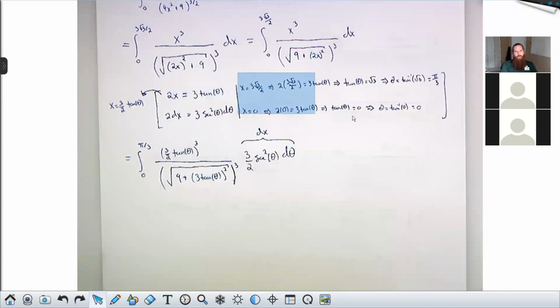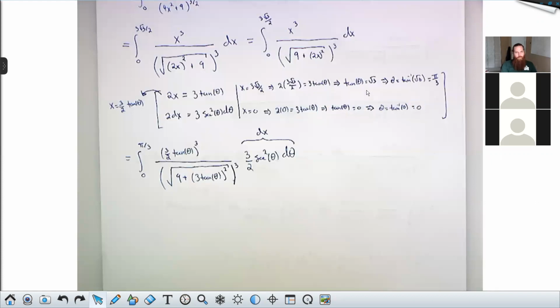And the bounds changing work here was somewhat complicated. But the rules are the same. You take your substitution and you plug in the old lower bound. So when I plug in 0 for x there, I get 2 times 0 equals 3 tan theta, which means 0 equals 3 tan theta, which means tan theta equals 0. And then I take the inverse tangent of both sides to get theta is the inverse tangent of 0. Oh, well, the inverse tangent of 0 is 0.